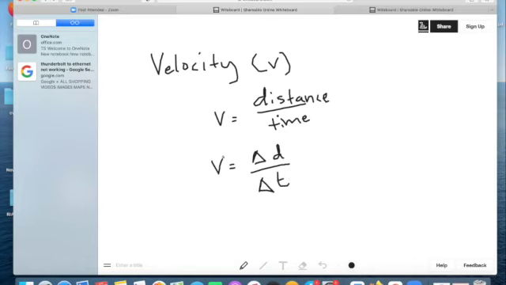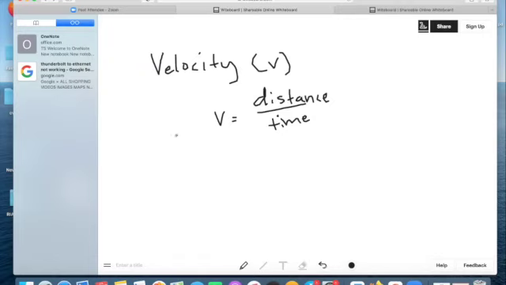Since this is not a calculus-based course, we won't be going too in-depth on this. Just know that your final distance minus your initial distance is divided by your final time minus your initial time. That's what this represents.